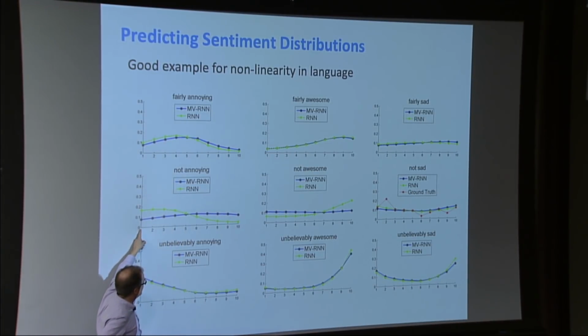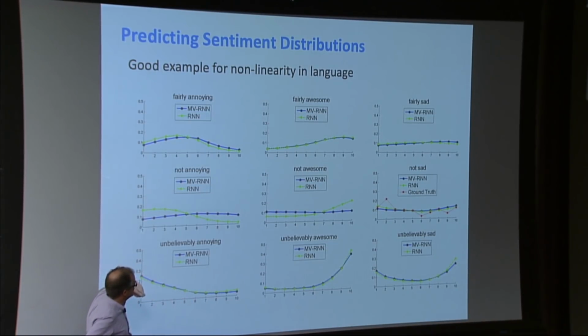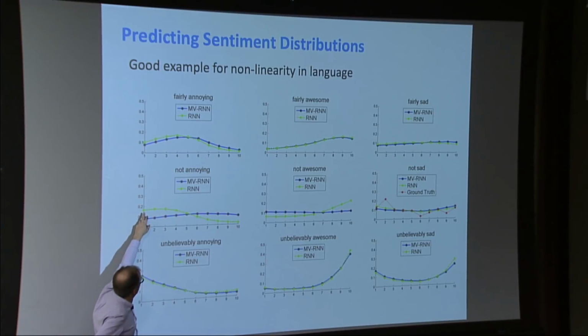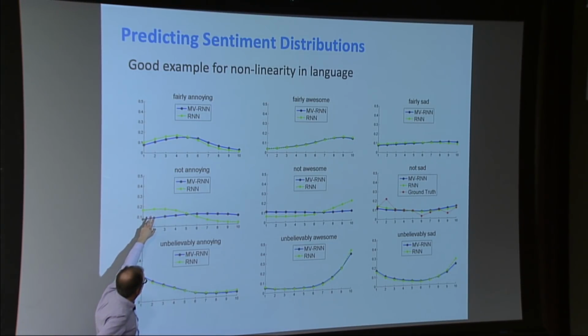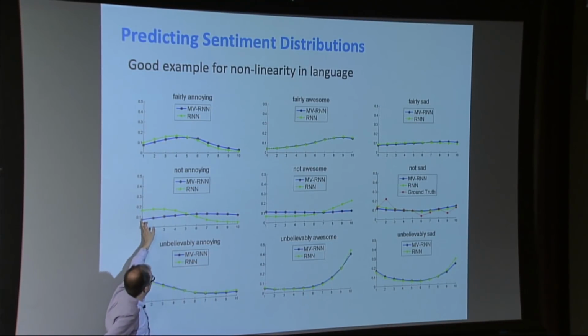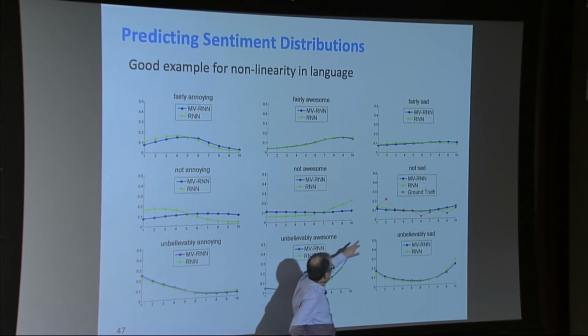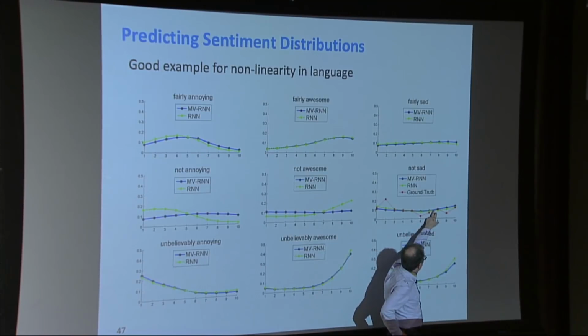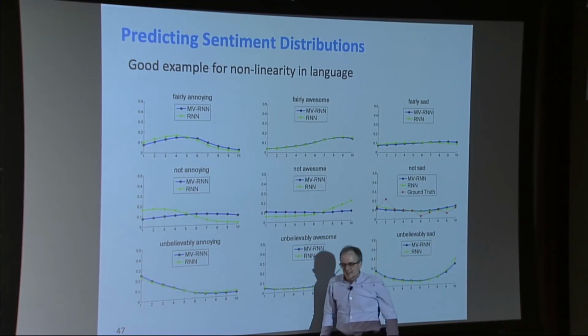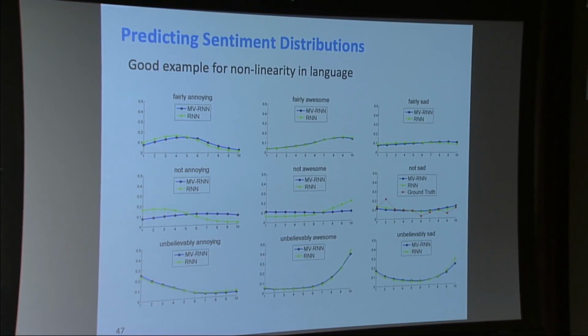So this is completely negative to completely positive, right? And so the kind of contrasts you get are that for not annoying, the simple model thought that this is pretty negative, whereas the new model thinks this is pretty neutral in meaning, and that seems to be reasonably correct. For not sad, that means it's a little bit positive, and both models were trying to capture that. The results here are a little bit ambivalent, but it seems that they go a little bit in the direction of what we want.